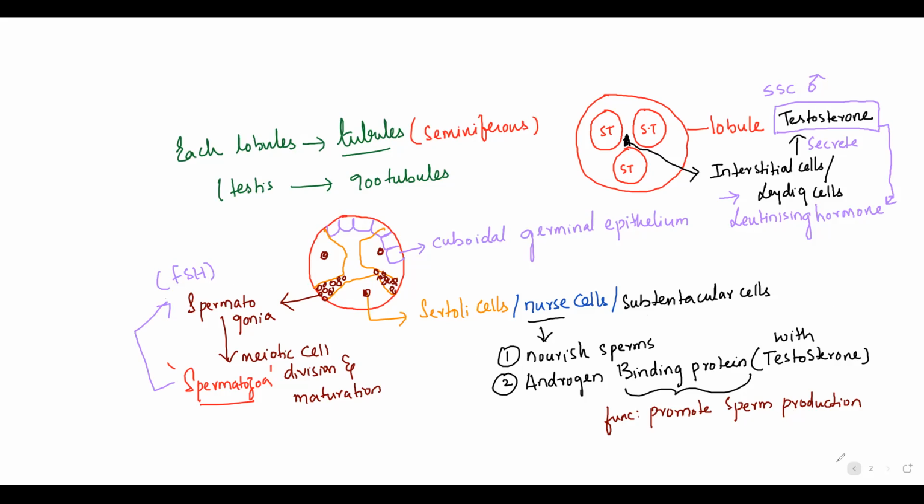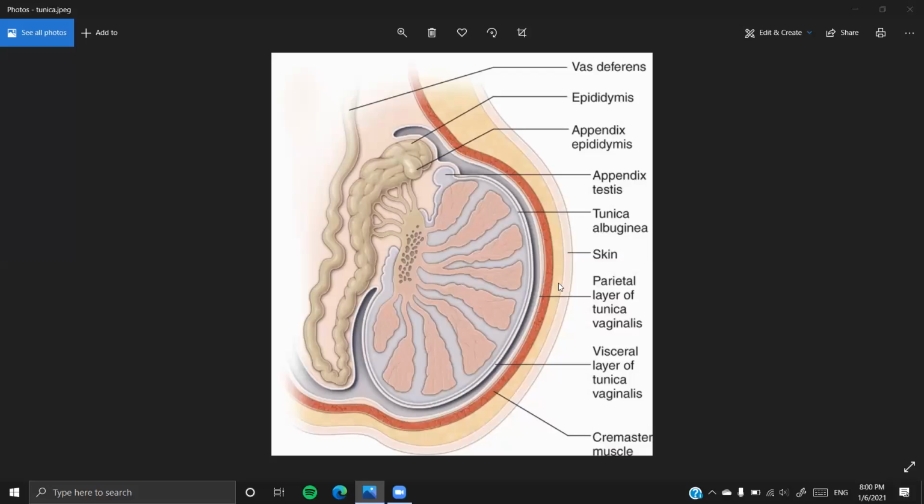Now what I'll do is, children, let me come to a slide where I can show you the other structures when we are going to watch the histology of the testis. Okay, so look here.